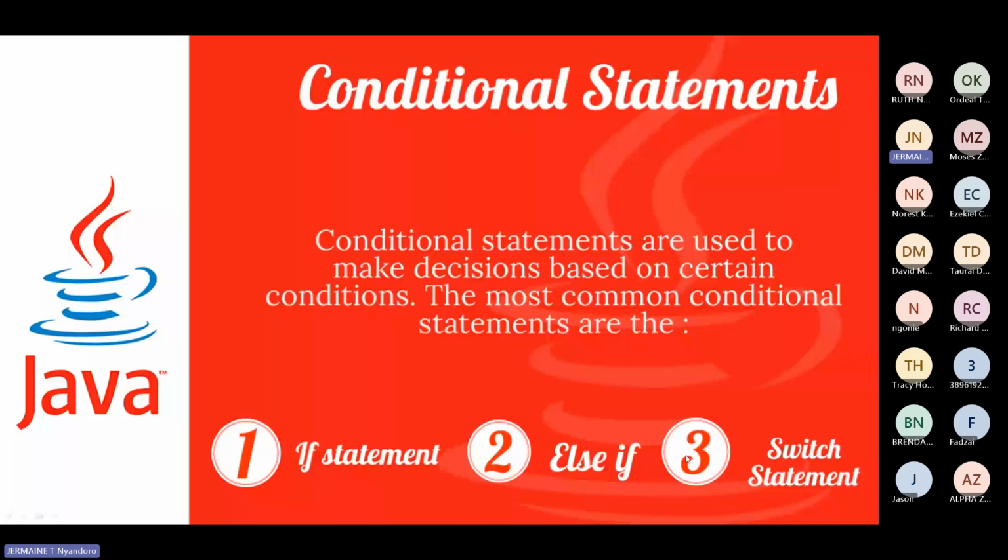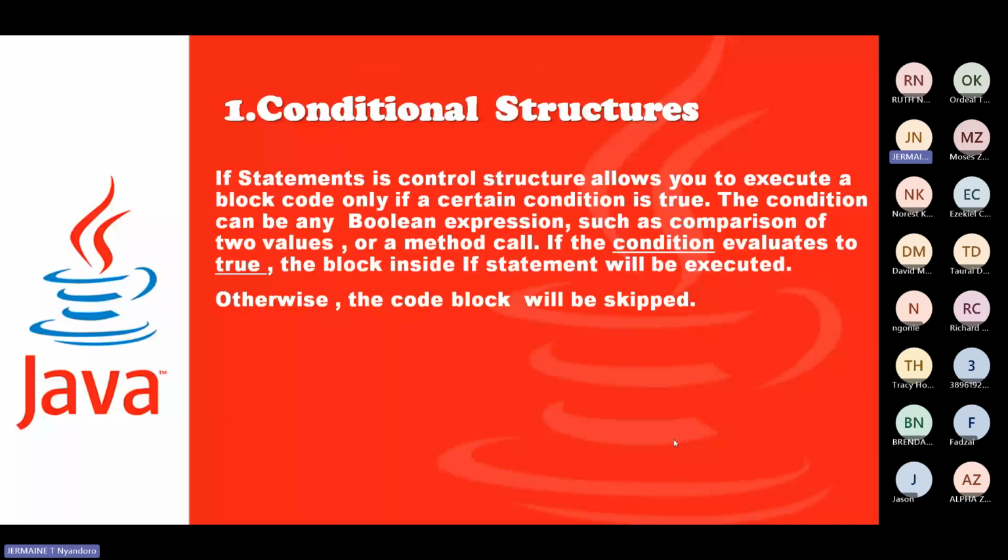Let's start with the if statement. The if statement in control structures allows you to execute a block of code only if a certain condition is true. The condition can be any Boolean expression, such as a comparison of two values or a method call.